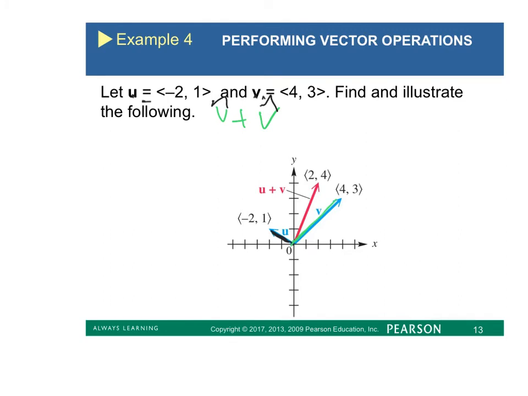But what we're going to do is find out what that vector is without having to do that work. So I hope you're ready. That is equal to negative 2 plus the 4, comma, 1 plus the 3.